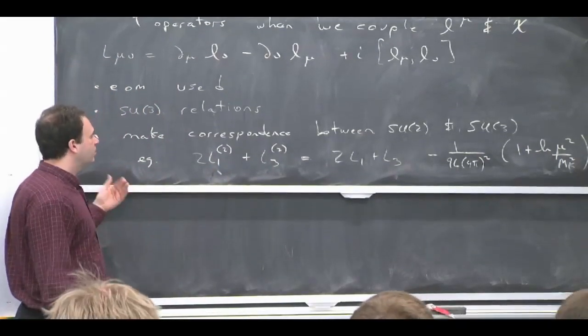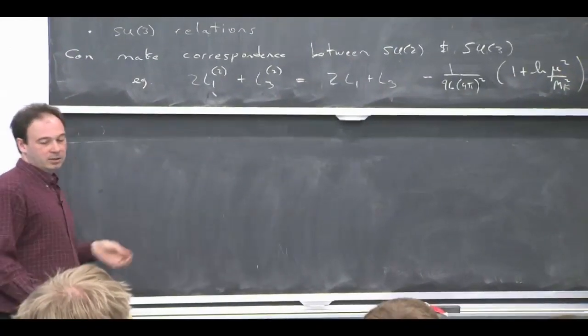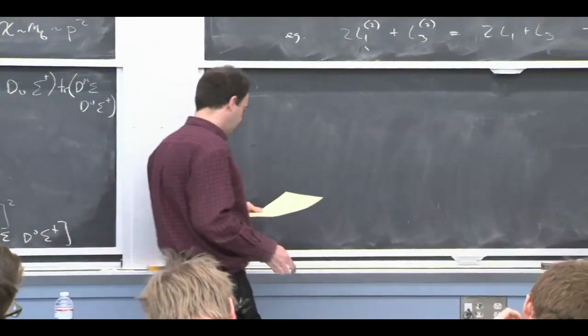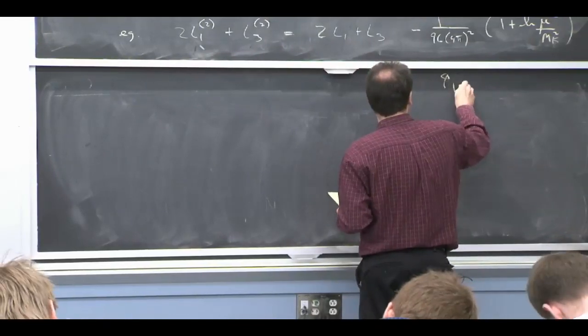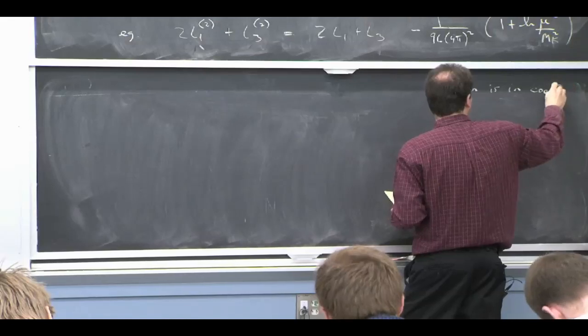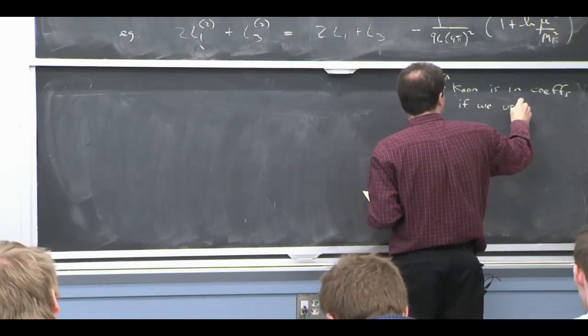So what you think of as the coefficients in your chiral theory depends on the matter that you've put in, including what particles like the kaon, what group you're talking about. This is an explicit example of the kaon being in the coefficients if we use SU2.